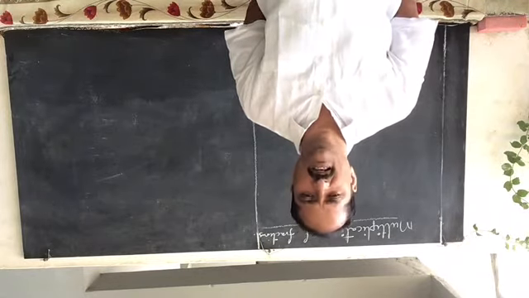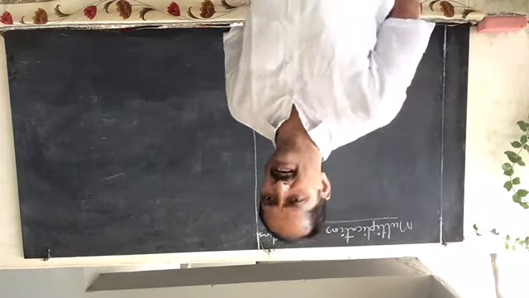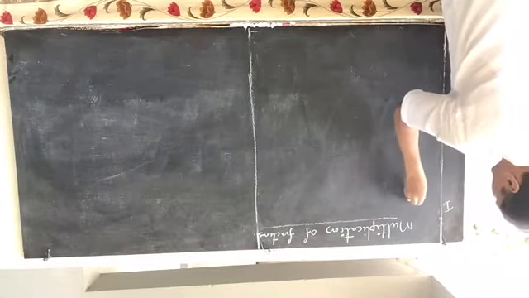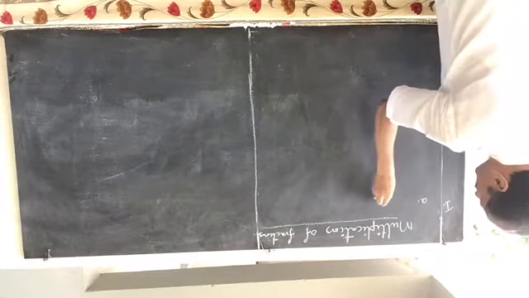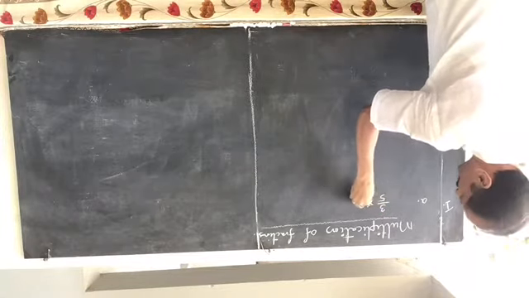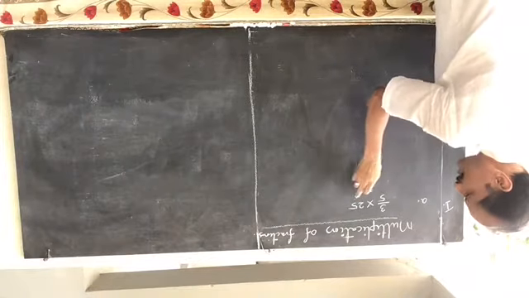multiplications we can see. Now first one is multiplication of a fraction with a whole number. For example, observe carefully here. Fraction 3 by 5 into 25. That means it's a whole number. Multiplying a fraction with a whole number.